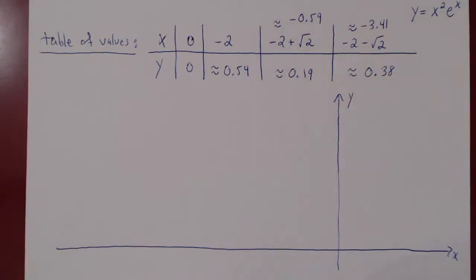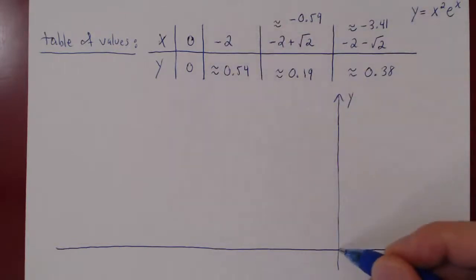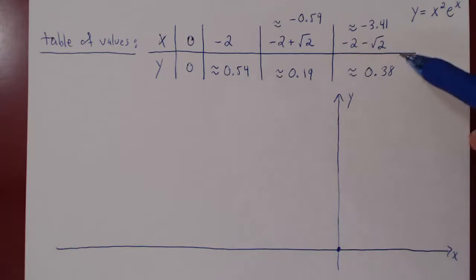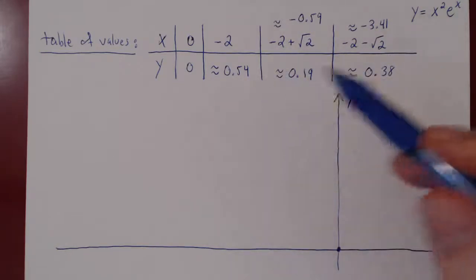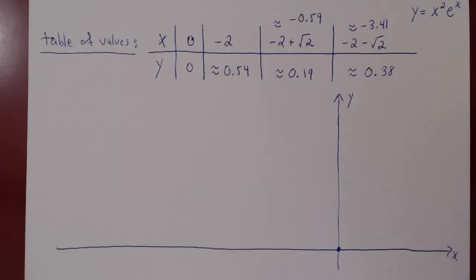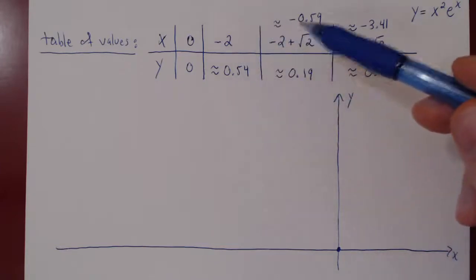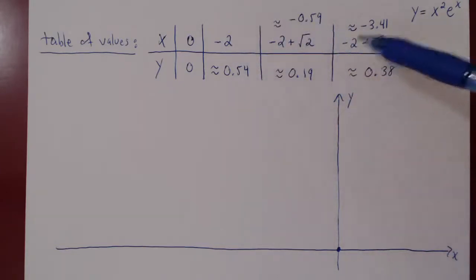So let's see, what are the points of interest? There's a point 0, 0 here. And once again, the picture does not have to be up to scale. The axes don't have to be up to scale, as long as the points are in the right position with respect to one another. So let's see, we have the point along x negative 2, roughly negative 0.6, and roughly negative 3.4.